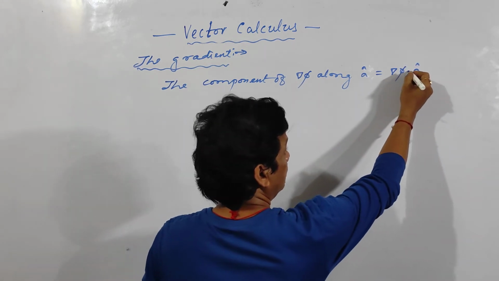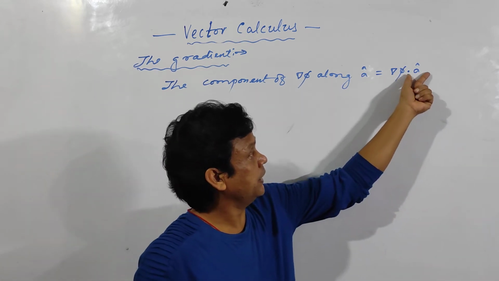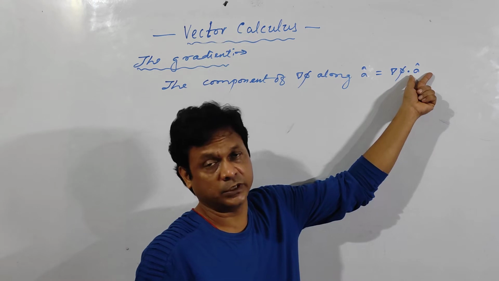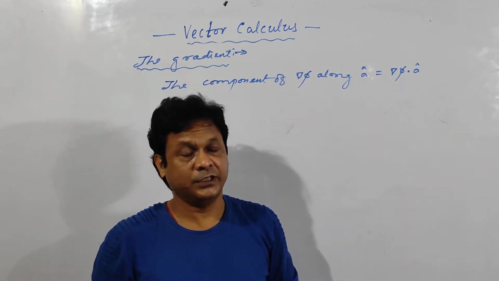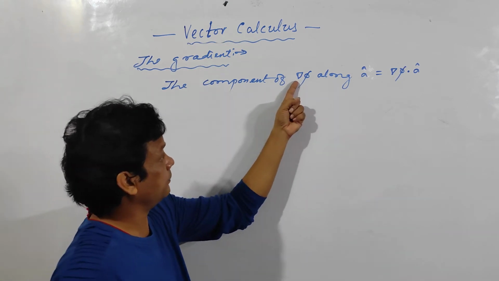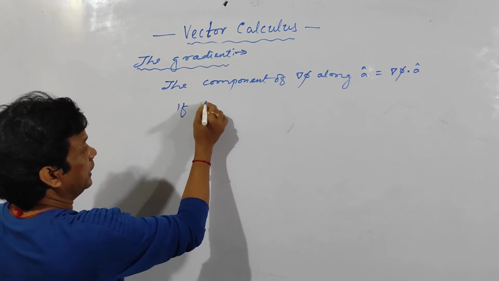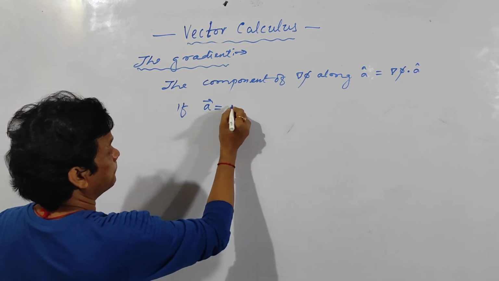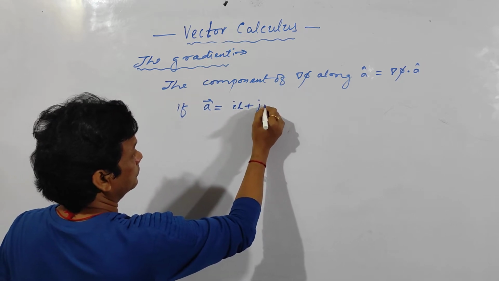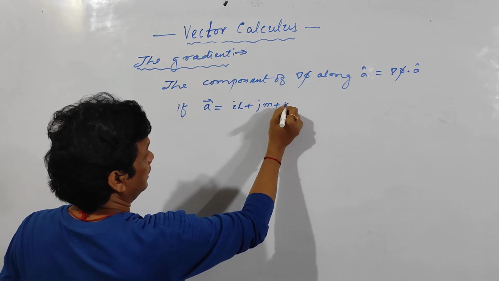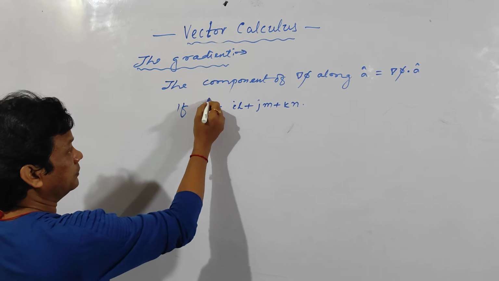Because what is the definition of A dot B? Mod A into mod B into cos theta. So mod grad phi into mod a cap into cos theta, and what is mod a cap? 1. So grad phi cos theta. Clear? So the component of grad phi along a cap is equal to grad phi dot a cap. Now if vector A is equal to i into l plus j into m plus k into n, a cap is the unit vector.